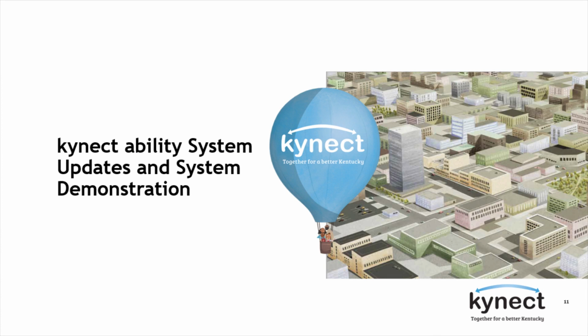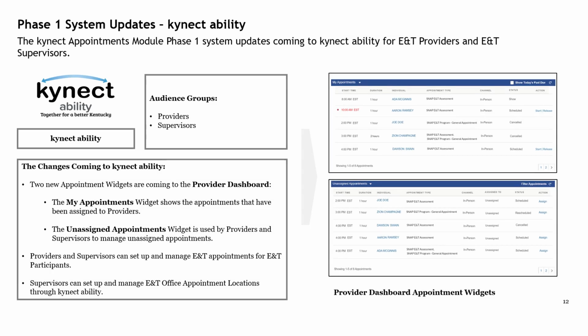Now, we are going to discuss the system updates in Connectability, as well as walk through a system demonstration of the provider dashboard within Connectability. Connectability is used by SNAP ENT providers, supervisors, provider staff, and central office staff to manage residents' participation in the SNAP ENT program.